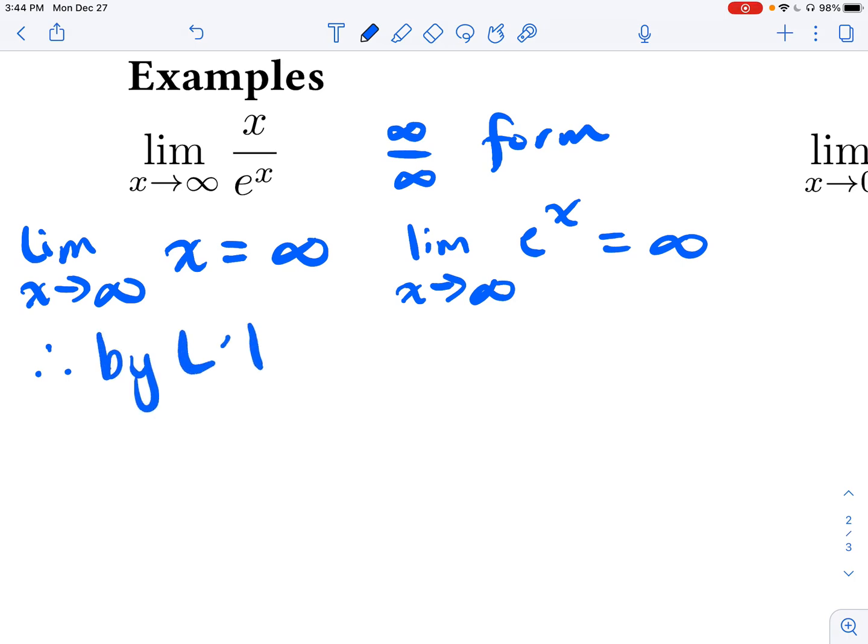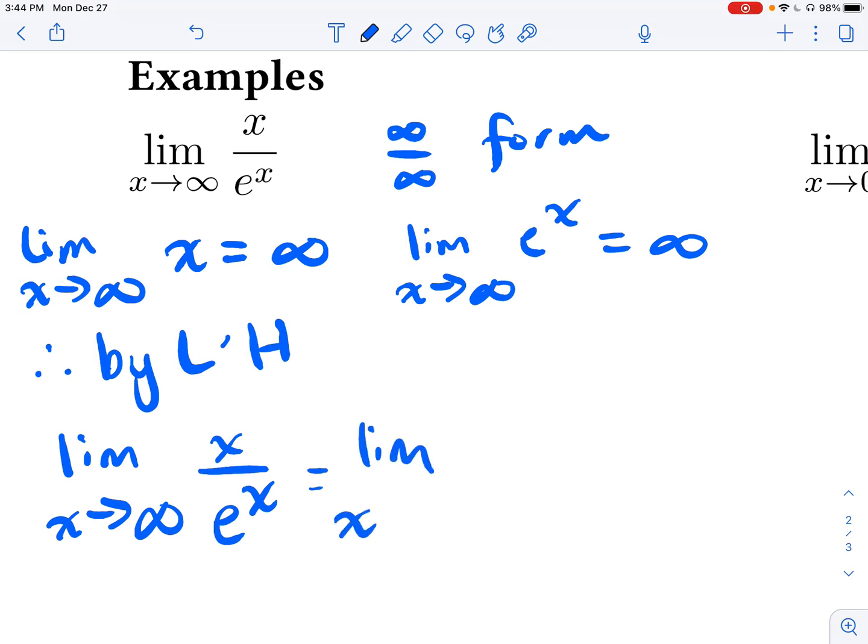By L'Hopital's rule, we can say the limit as x approaches infinity of x over e to the x is equal to the limit as x approaches infinity of the derivative of x, which is 1, over the derivative of e to the x, which is itself. Now, can we find the limit of this statement? Yeah, that denominator is going to approach infinity, and 1 divided by something that gets really, really large is going to be equal to 0.